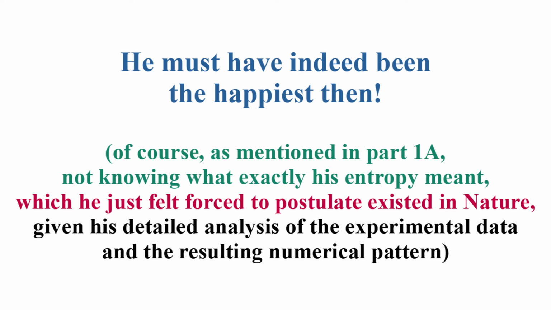The only thing is that, as was mentioned in part 1a, Clausius could not figure out what exactly his postulated state property of entropy represented. After about 15 years, it was Boltzmann who elegantly explained what exactly entropy is. We discussed his interpretation in detail in parts 1 and 2 of this video series.